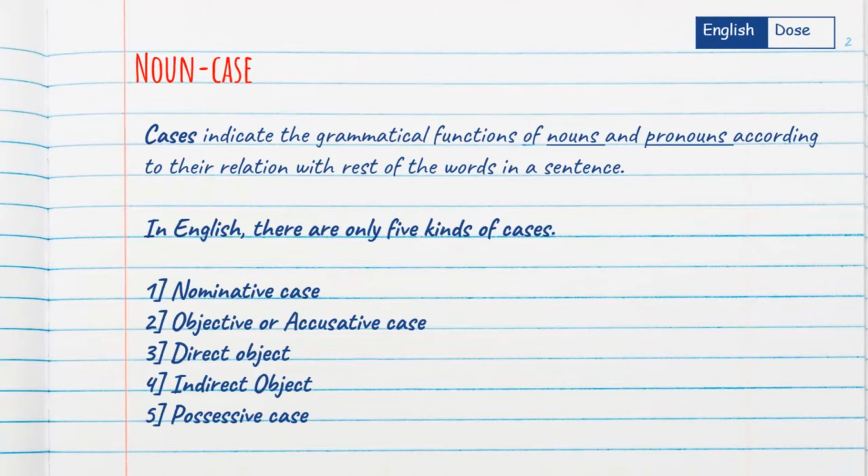The grammatical function of noun and pronoun in relation in a sentence is called the noun case. So how many cases are there? 5 cases. Nominative case, objective or accusative case, direct object, indirect object, and last one is the possessive case.